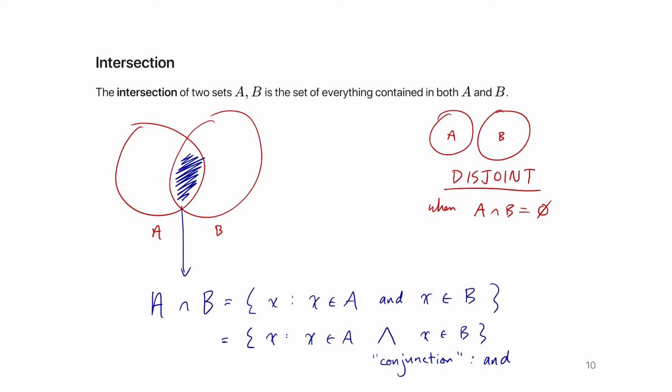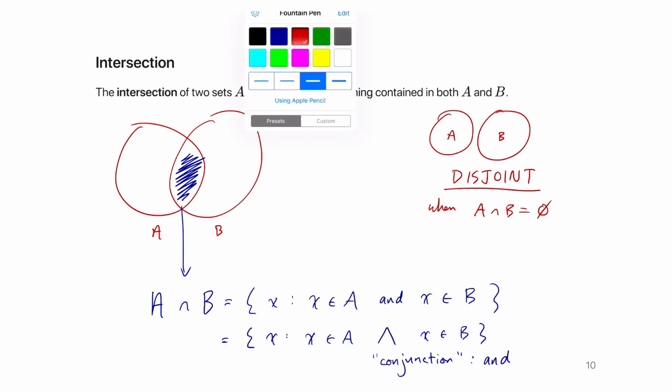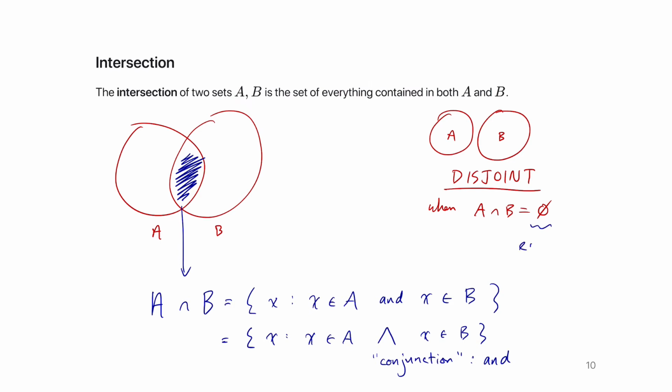So when the intersection of two sets has no elements in it, it's called disjoint. What does this symbol over here mean? It means the empty set, i.e. the set with no elements. Okay? And you can also write that as just open curly bracket, close curly bracket, or the 0 with the line through it. I think it's a little more descriptive.